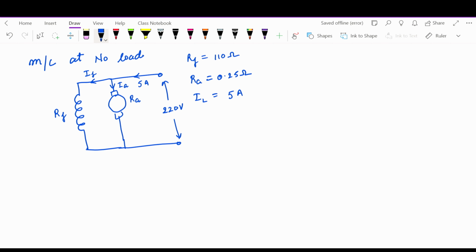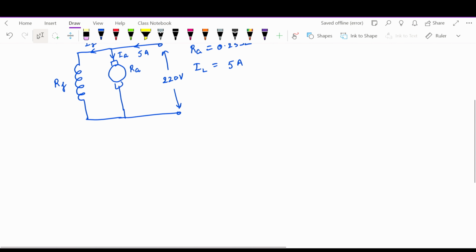So if we calculate the field current, it is nothing but V by RF, which is equal to 220 divided by 110. So this comes out to be 2 ampere.